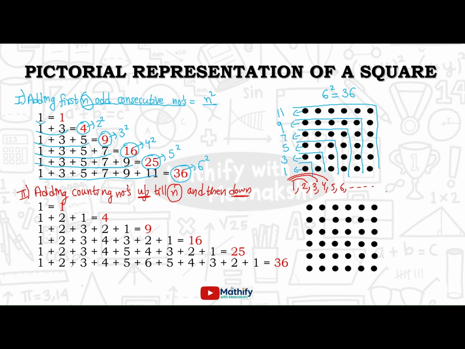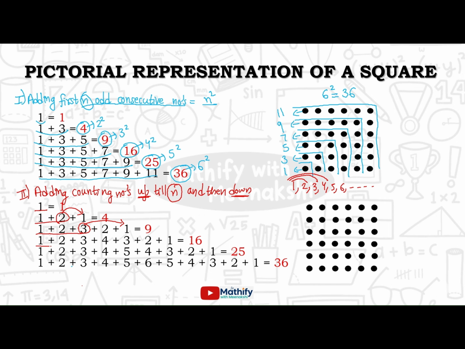But here we have to do counting up and down. So what is the meaning of counting up and down? In the first step you will go till 1. In the second step, first you go up till 2, and then you come back to 1. In the third step, first you go till 3, 1 plus 2 plus 3, then you stop, and then you come down to 1, that is plus 2 plus 1.